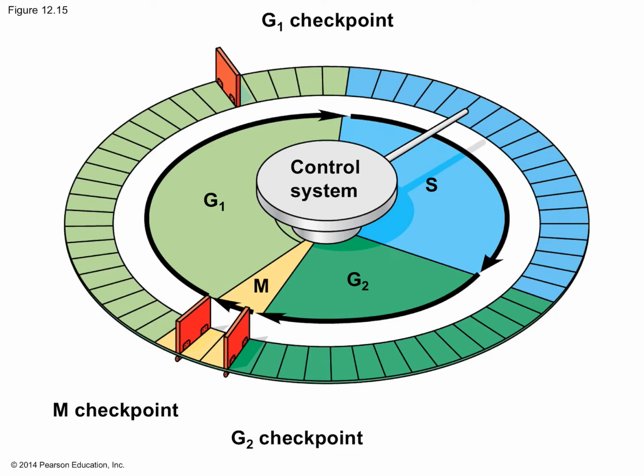Now, what if the cell goes to G1 and there's a problem, and the cell gets a signal to stop the cell cycle? Well, then that cell will go into a phase called G0. Okay, G0. That's not go, that's G-zero. G0 phase. This is a non-dividing state. You can think of it as sort of like a state of suspended animation.